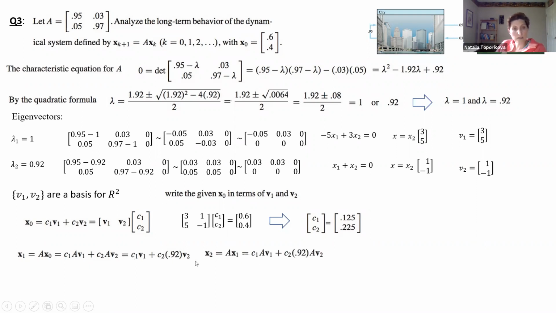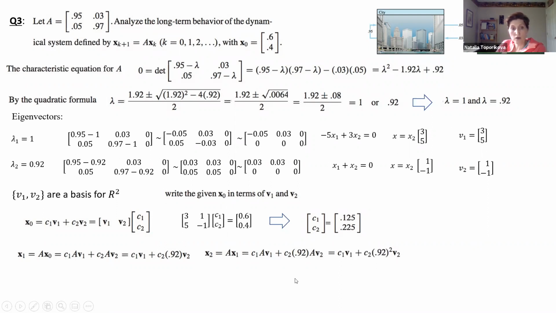We can repeat this process for the vector x2. Again, we multiply our matrix A by the vector x1, using the definition of our dynamical system. Again, we replace products of the matrix and the vector by the corresponding eigenvalue times the eigenvector.